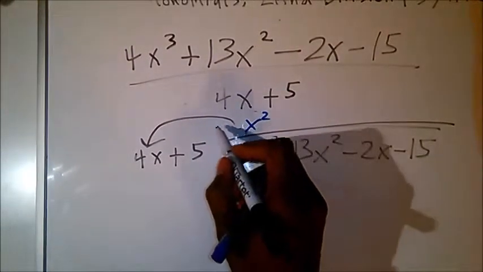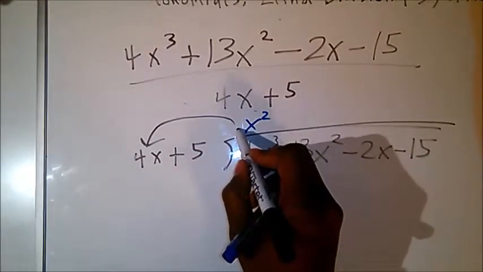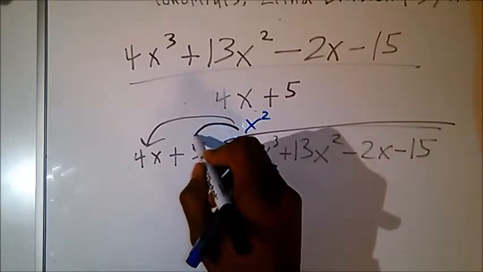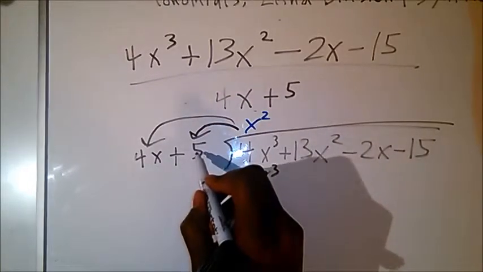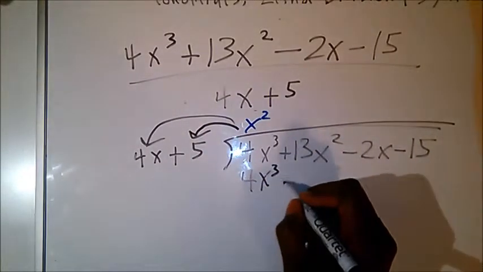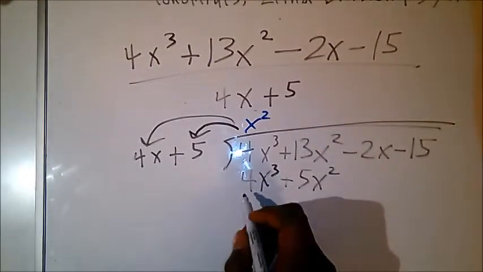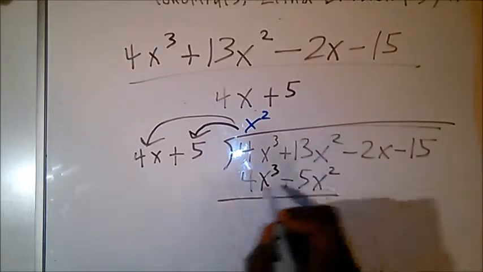And we go again. We multiply x squared into all the divisor's terms. So x squared times 5 is going to be 5x squared. All right, we're done. We're going to subtract terms.